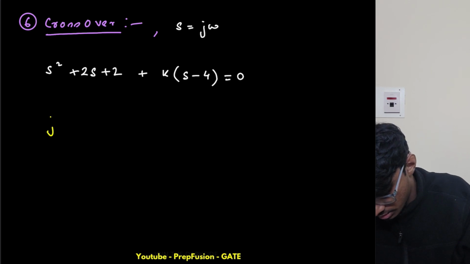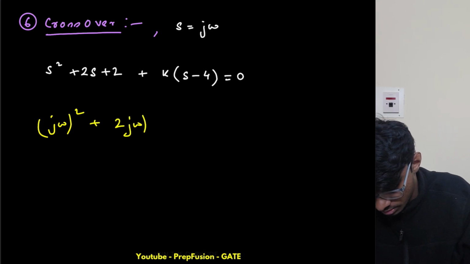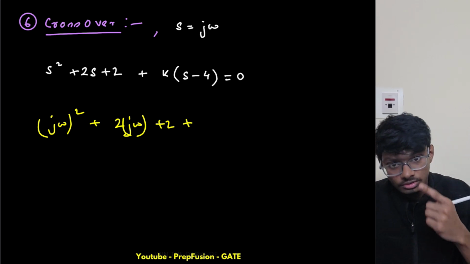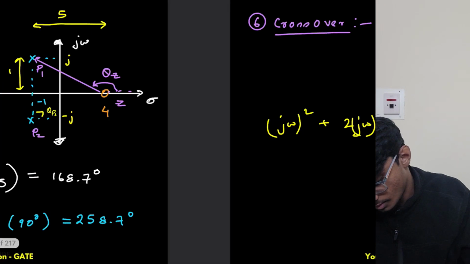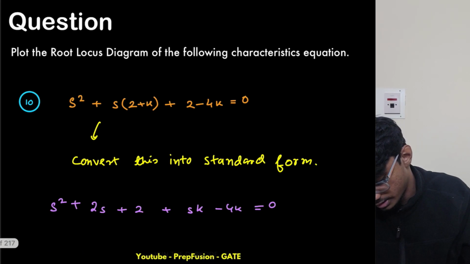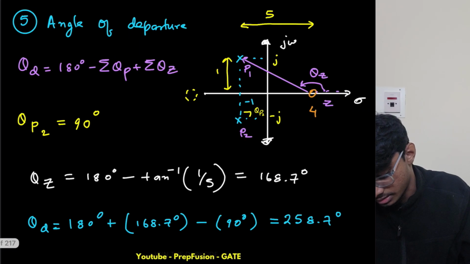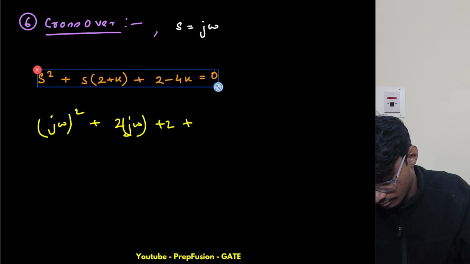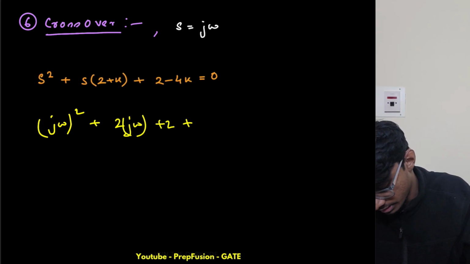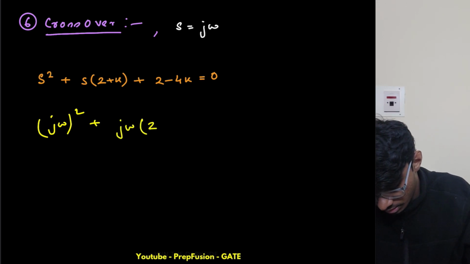Put j omega: s squared plus 2s plus 2, plus k terms. Sorry, not the k terms, the s terms I have to take together. So this one I can write as j omega squared plus j omega times 2 plus k, plus 2 minus 4k equals 0.